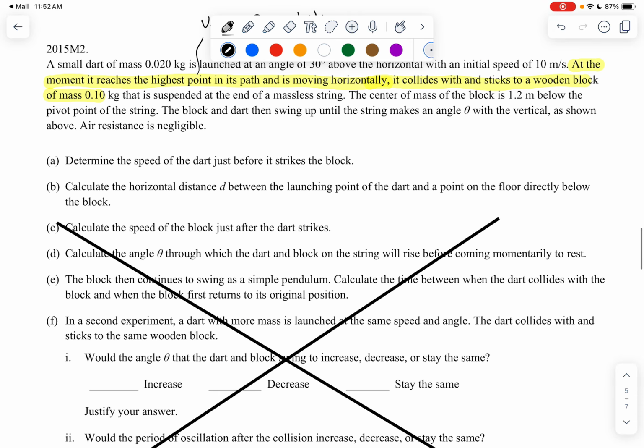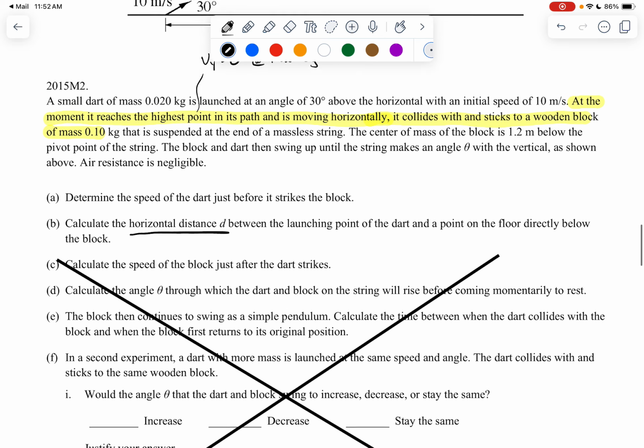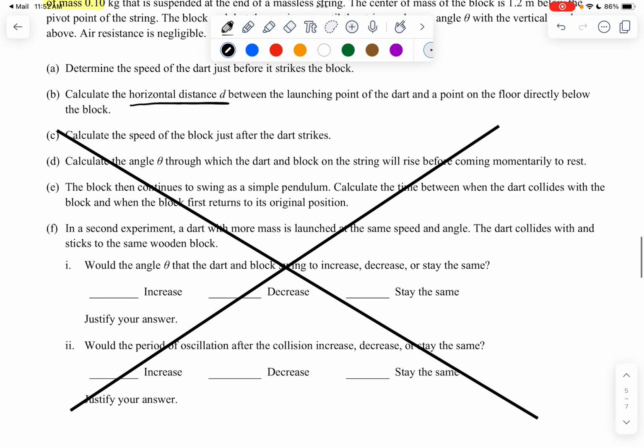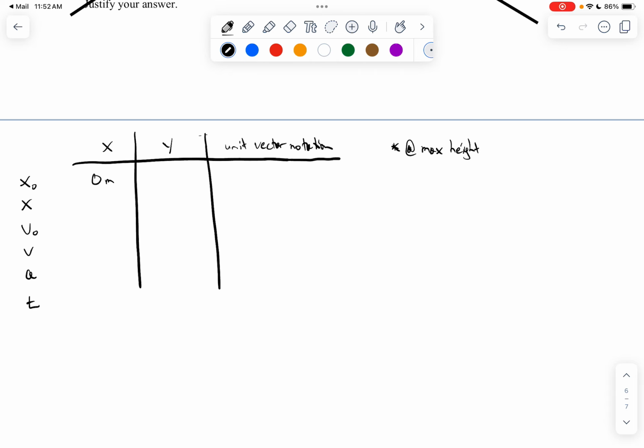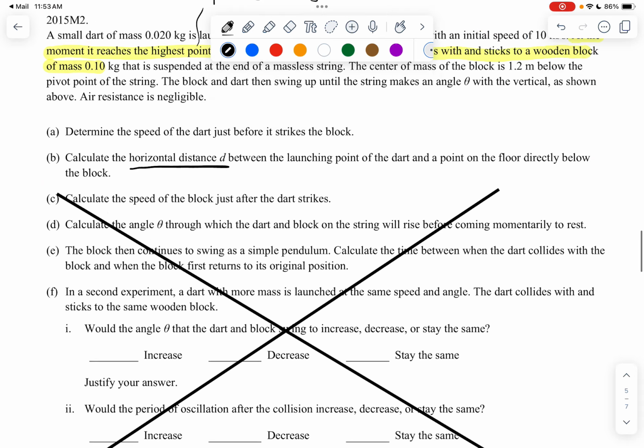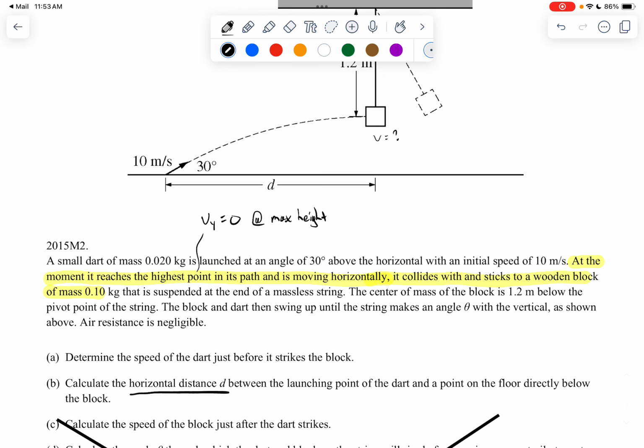Ultimately, what we're trying to figure out in part B is this horizontal distance d that we travel between our dart launching and where we are when we reach that maximum height. Right now, we don't know what that variable d is. For our y direction, we're starting from ground level, so we'll have an initial height of 0.